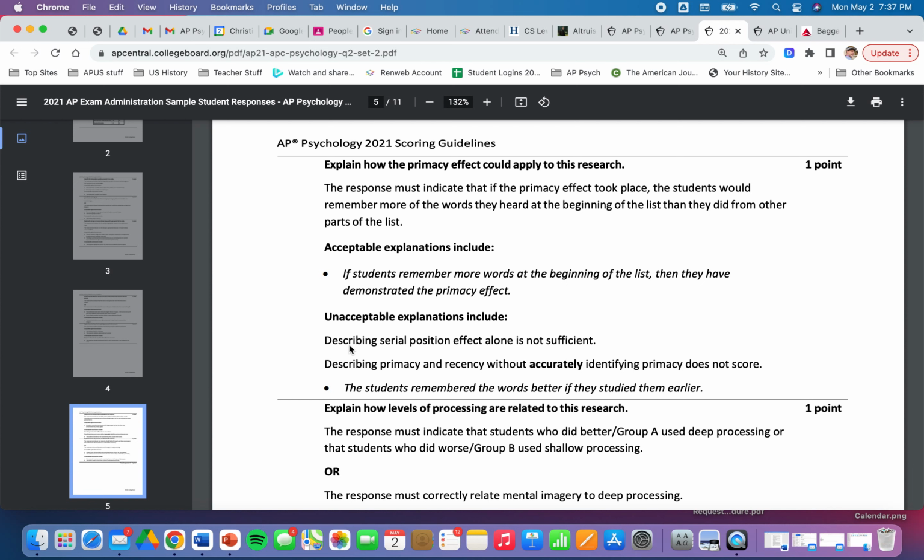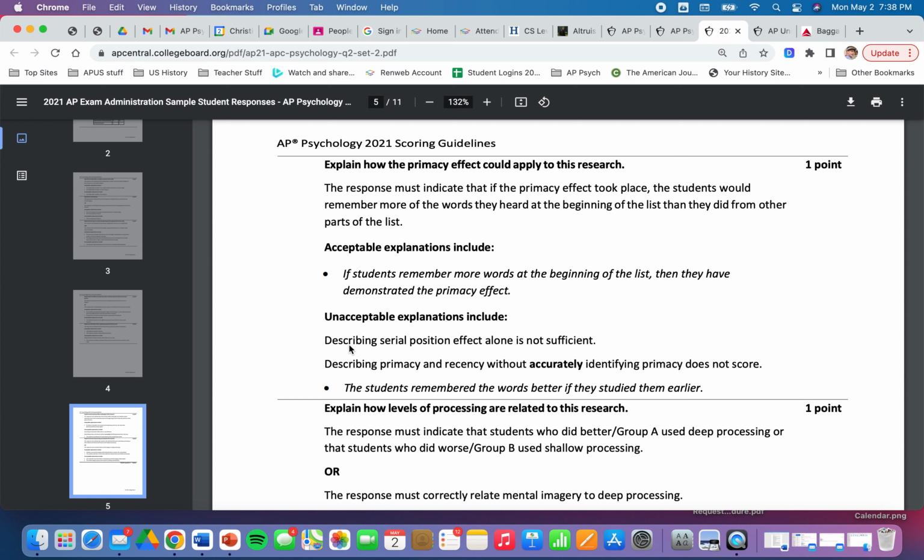The student who had no instructions did worse because they used shallow processing. Does that answer levels of processing? Yes, it does. What about this one? Students used mental imagery, which allowed them to process the words deeply. Does that one work? Yes, it does. Here's a third example: the researcher was interested in examining how mental imagery helps people.